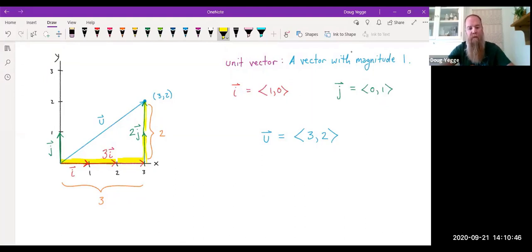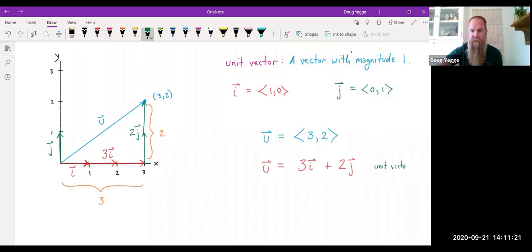And so in other words, what we've really done here is we've taken 3i plus 2j, which is why u in a different form could be thought of as taking 3 of the horizontal unit vectors and adding 2 of the vertical unit vectors. This is simply another way of writing the same vector u. So sometimes this is referred to as ij form for vectors, or unit vector form.